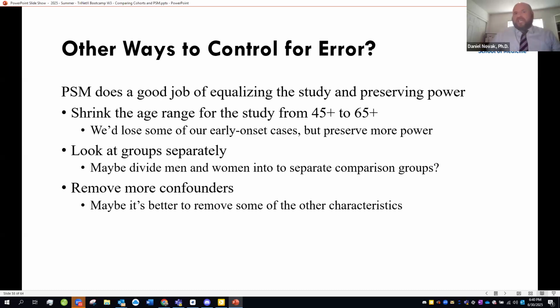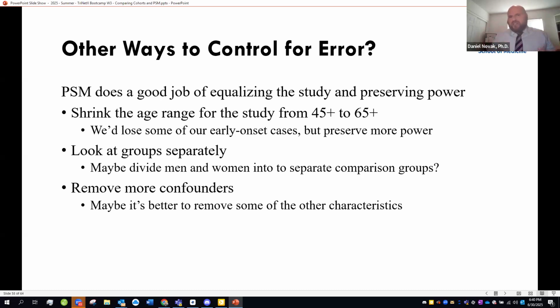There's some other ways we could have done this. In fact, one way I did it was you could shrink the age range from 45 in my study to 65. Similarly, a lot of people are doing things with their projects where they're looking at non-pediatric populations, so they're just looking at anybody over the age of 18. But a person who's 18 has a very different health profile than a person who's 65.